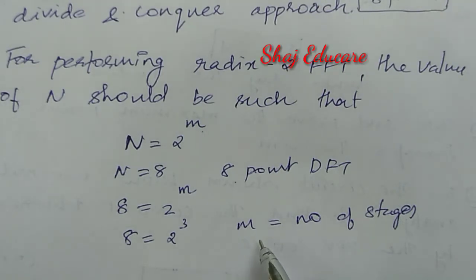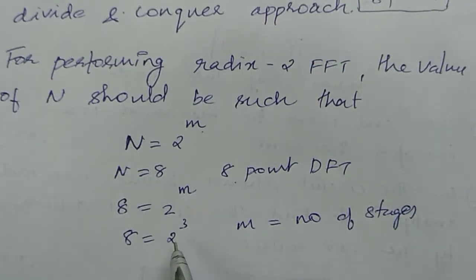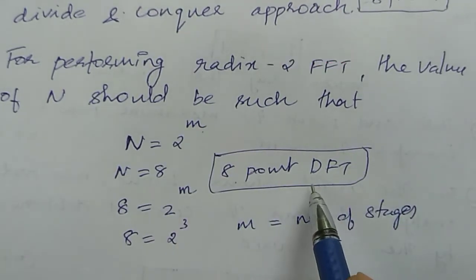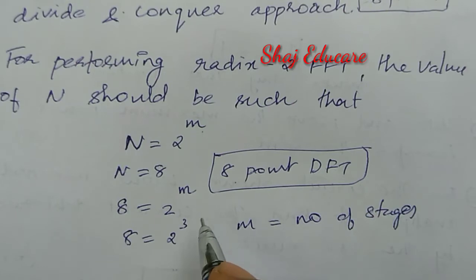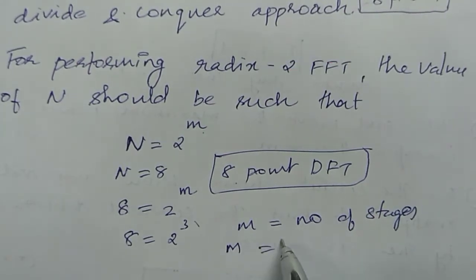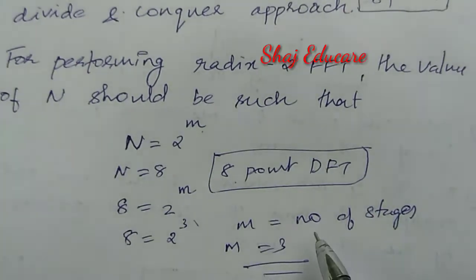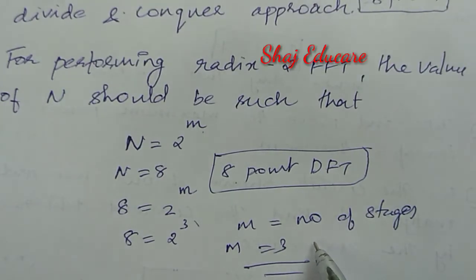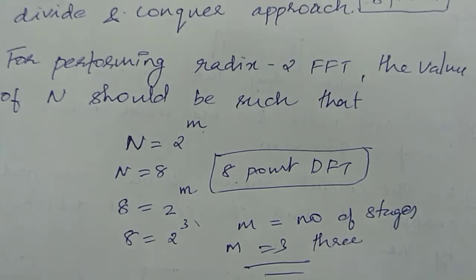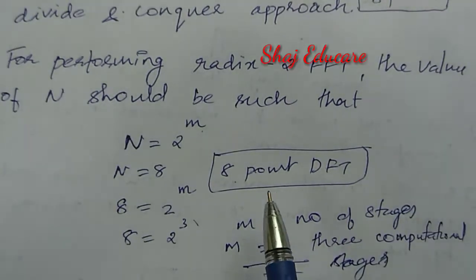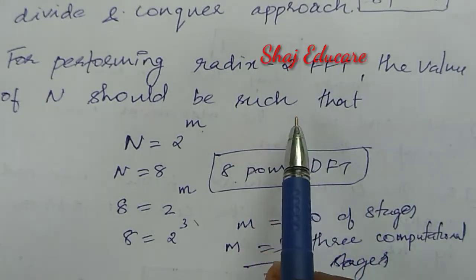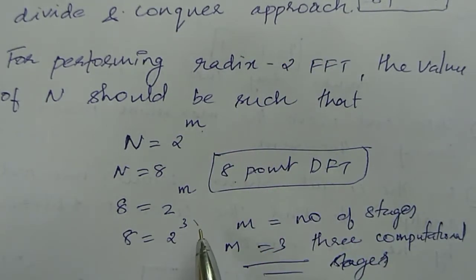That means in order to perform an 8-point DFT, the number of stages required is m is equal to 3. So there are 3 computational stages required to find an 8-point DFT using the radix 2 FFT algorithm.